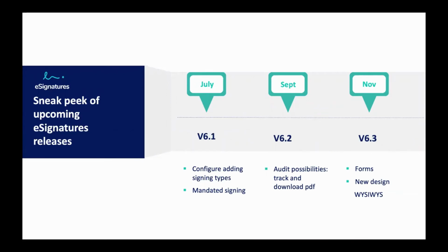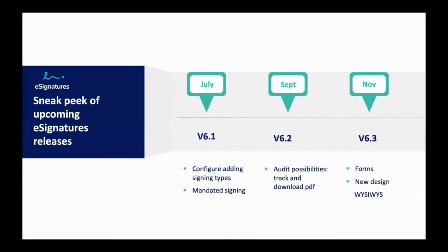As Maarten already mentioned before, the sign-in is only a beginning of more flexibility in adding more signing types. We started with the software, but in July we will add more signing types, for example for Luxembourg or other countries. These are yet to be confirmed, but Luxembourg is something we definitely have on our roadmap.